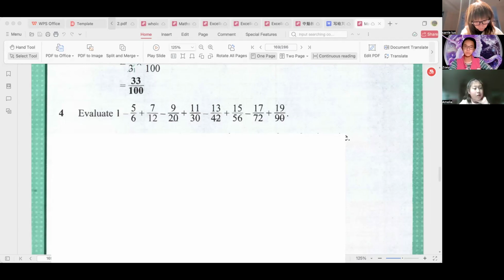I don't really get how to do it. Okay, so let's take a look at this one. We learned this one before, actually. So let's take a look at this one. So 1 minus 1 over 6 equals what? So this one equals 1 minus 1. Sorry, this one equals 1 over 6 minus 1.